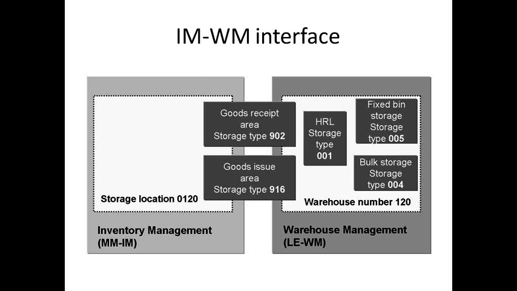And in WM, what kind of process has to happen? For the 101 movement type, we assign a 101 movement type in WM, and whenever this 101 is triggered, you store that particular stock in some in-transit area, which you call a source area or something.